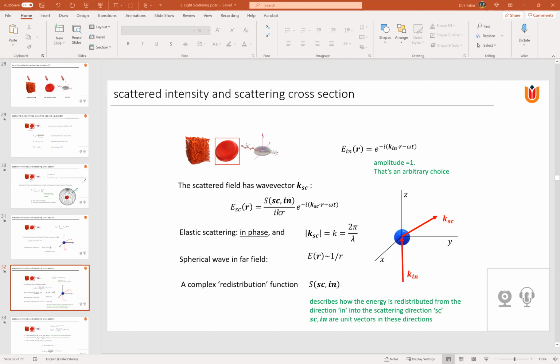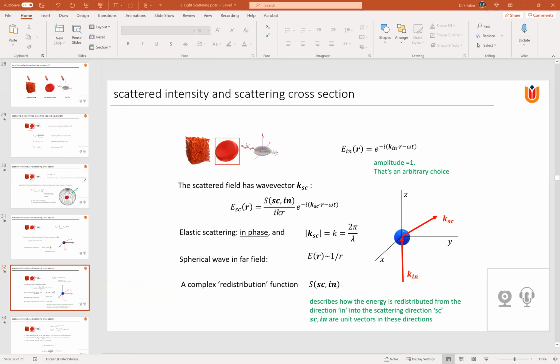So assuming that this general expression holds, then we can make a few assumptions and get to a meaningful result, because the first assumption is that we have elastic scattering, which means that the wavelength does not change. Furthermore, we assume that the scattering process is in phase, which means that we have this omega t time term in the incident field, we have an omega t term in the scattered field, and there is no additional phase differences.